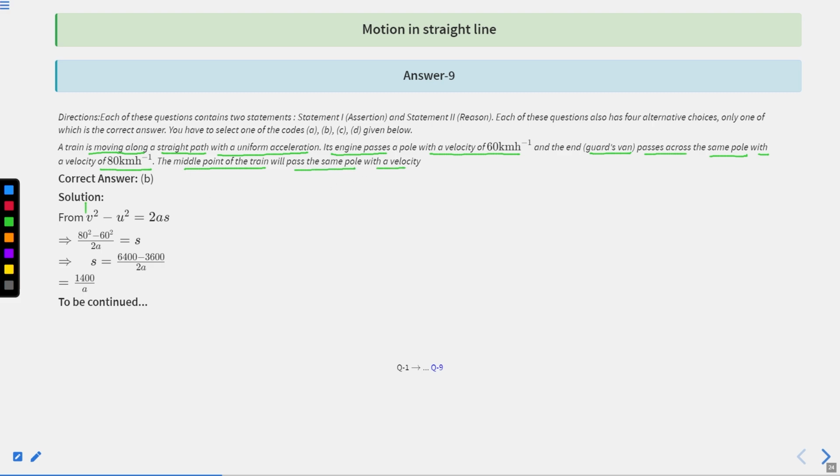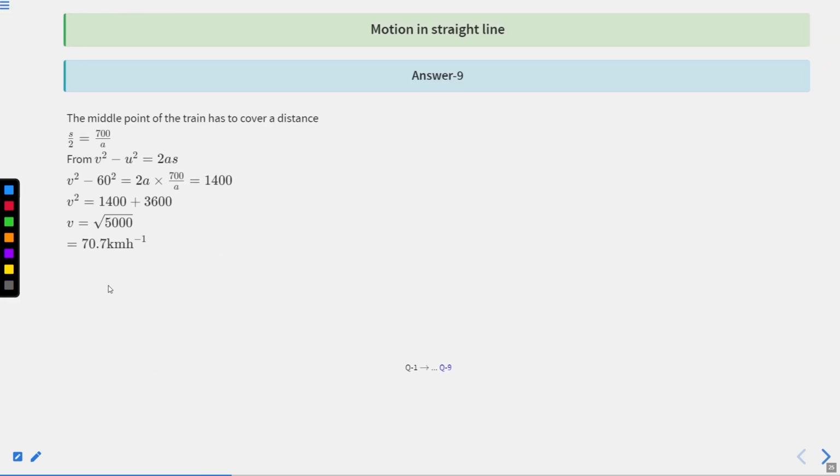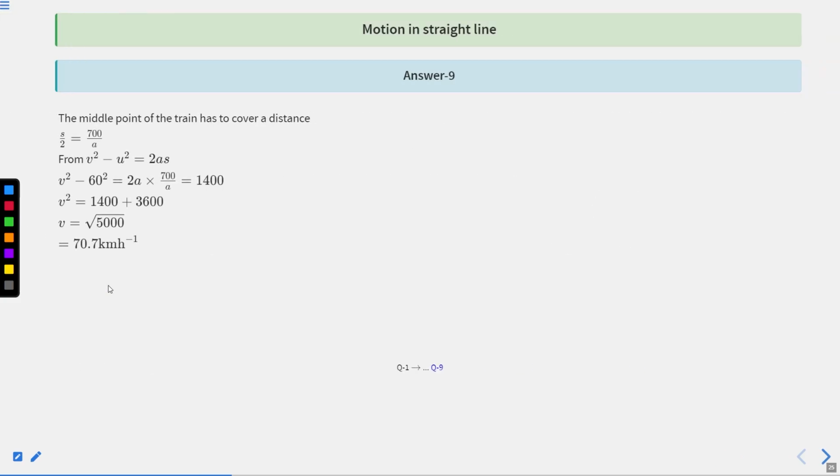We use the formula v square minus u square equals 2as. So the final velocity 80 square minus initial 60 square, divided by 2a, after calculating gives 1400 by a. The middle point of the train has to cover a distance s by 2, equal to 700 by a.